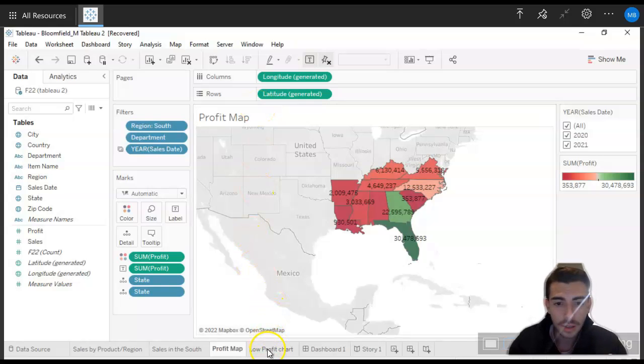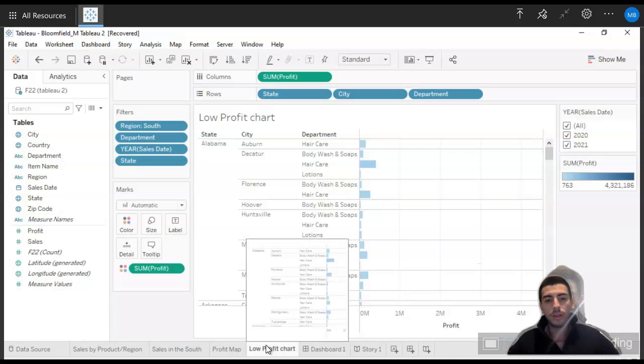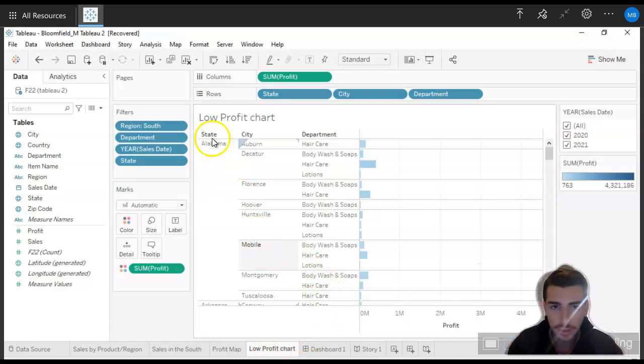Now I will show you the low profit chart. I use the low profit chart because it allows us to be more specific on our analysis. So as you can see here, for example, the state, it will be Alabama.